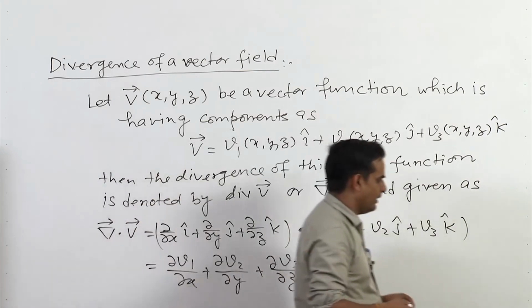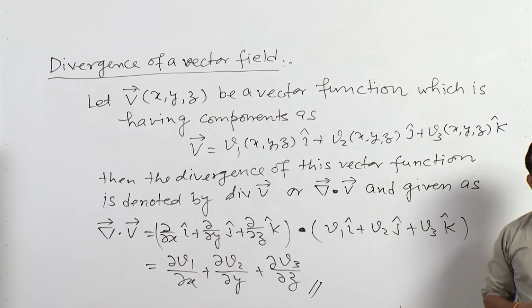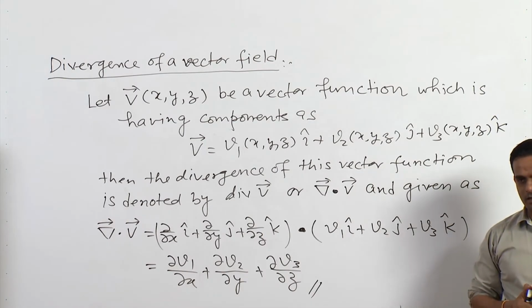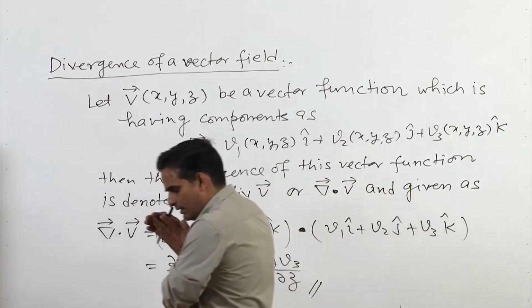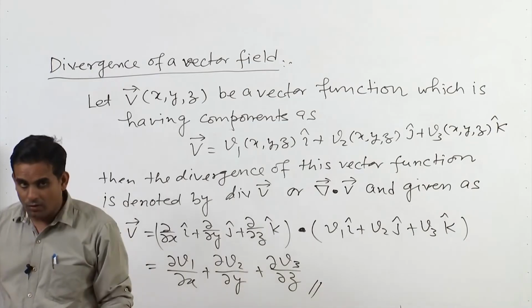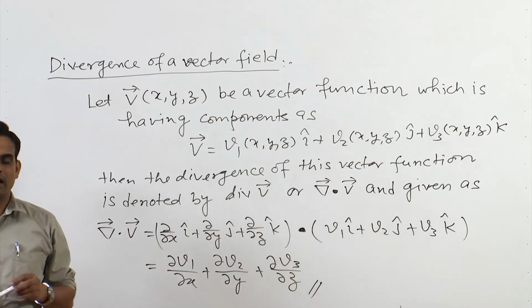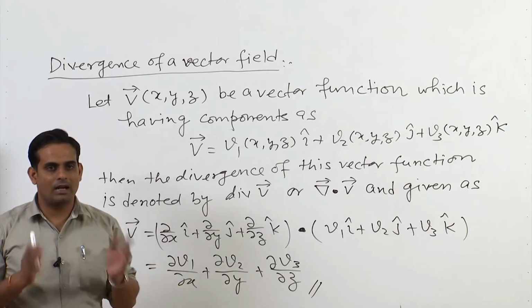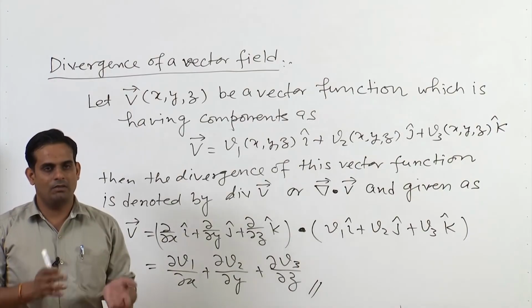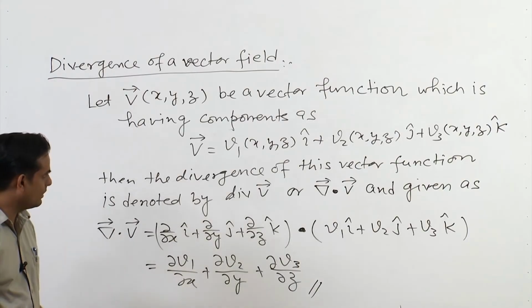Physically it represents the flux per unit volume, means if a material is moving through a unit volume, then the divergence will measure the flux of that, means inflow minus outflow per unit volume.